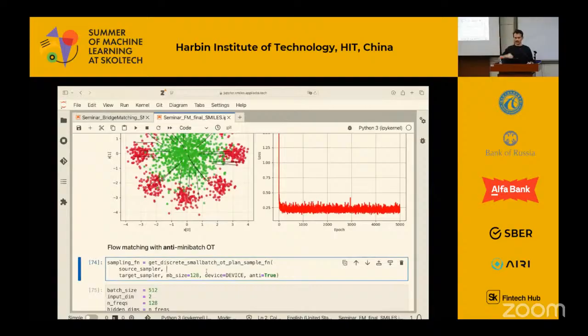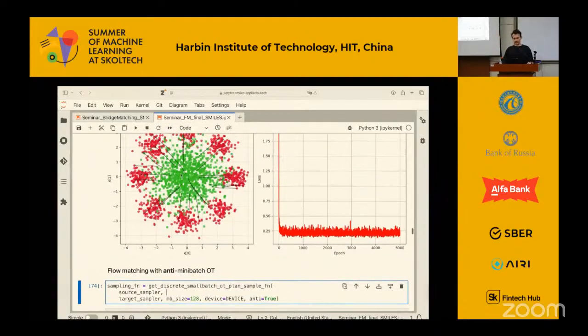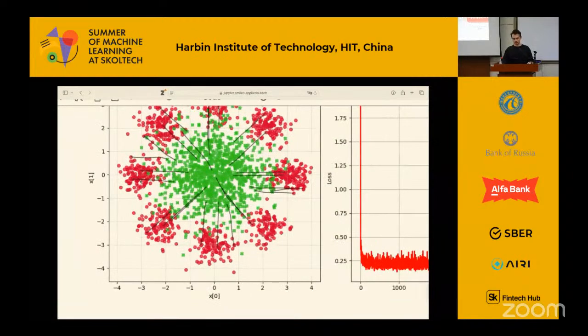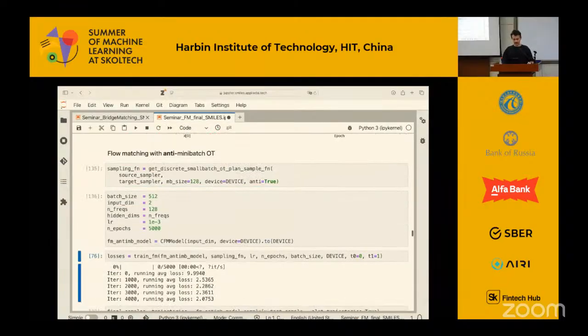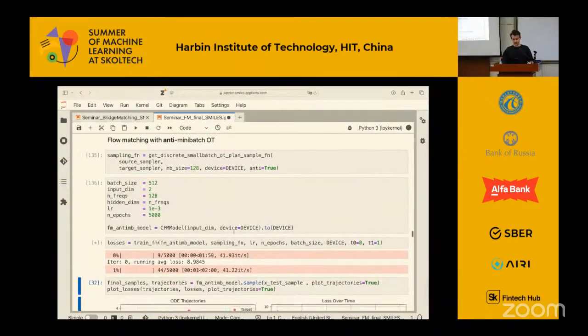So we will try to pair the points from the different parts of distributions. For example, for this point, we would map this point, which is the farthest point away. And for these points, we will map these points, which are, again, far away. Yeah, let's see what it gets us.